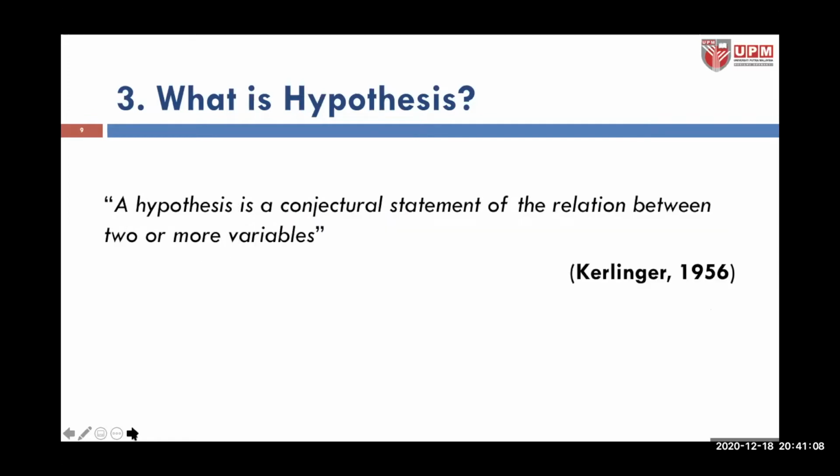Let us look at another one by Kerlinger, 1956, which is 10 years older than the previous one. A hypothesis is a conjectural statement of the relation between two or more variables. It can be that you have two or more design parameters that can be influencing or affecting your performance parameters.